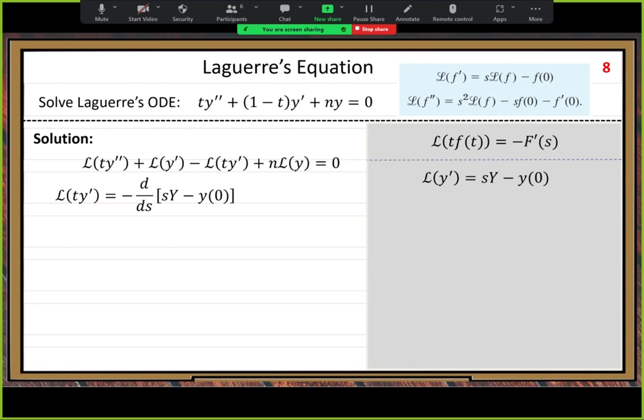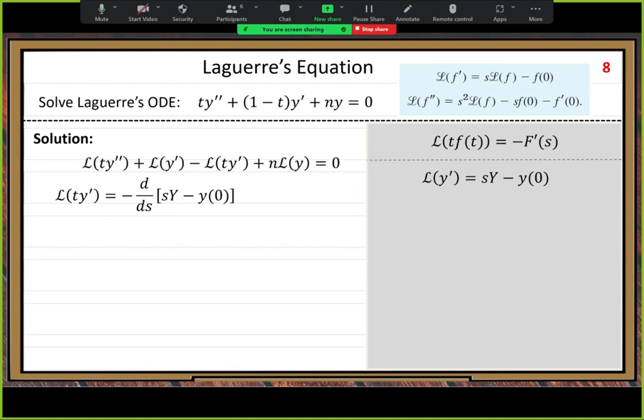So we should take the derivative of the Laplace transform of y prime. We copy this whole expression here, then take the derivative with respect to s. That's how we apply Laplace transform.